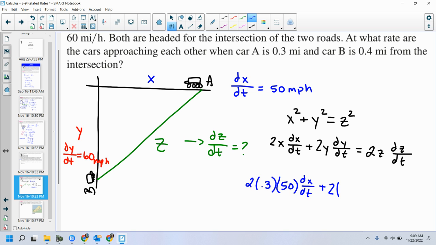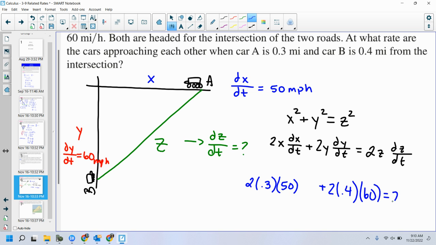Well, what is y? Then 2 times y, which is 0.4, times dy/dt, which is 60. And then it's equal to 2z.